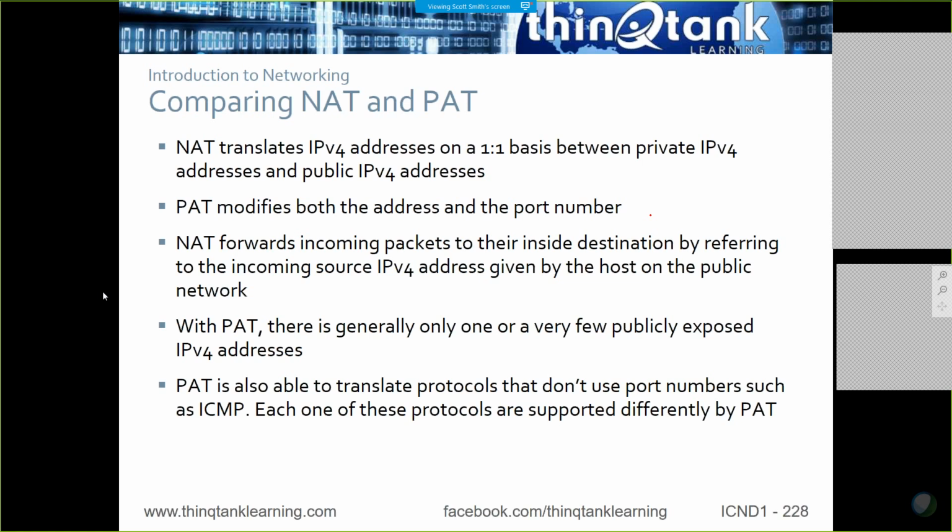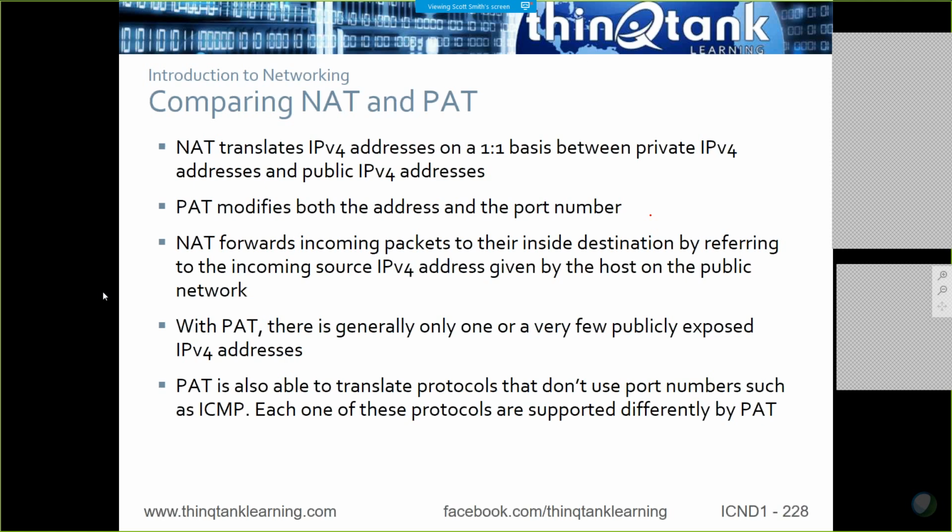Well, let's do this slide real quick. NAT translates IP addresses on a one-to-one basis between private and public, at least static NAT does. PAT modifies the address and port number. NAT forwards an incoming packet to their destination by referring to the incoming source IP given by the host on the public network, whereas PAT is generally only one for every few publicly exposed IP addresses.